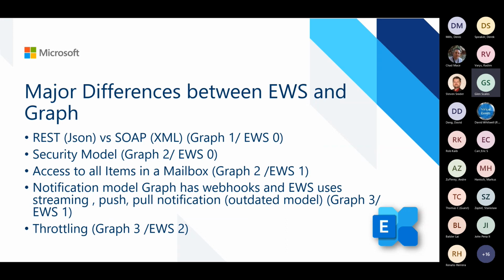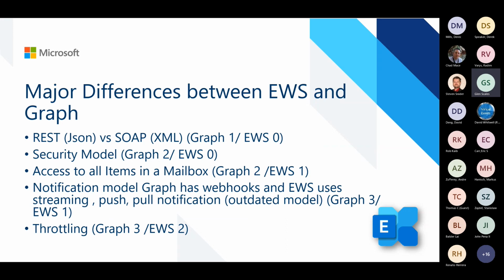Applications only need access to one endpoint. So if you're building a contact application, you can limit its access to the contacts, rather than access to all items in a mailbox. For some applications, you need access to all items and all folders, potentially configuration items. Graph doesn't allow you to do that, and that's when you're probably going to need to use EWS.